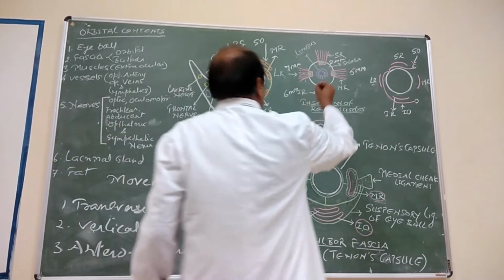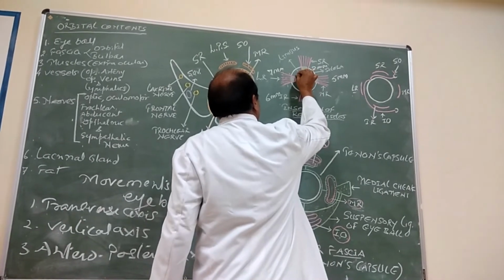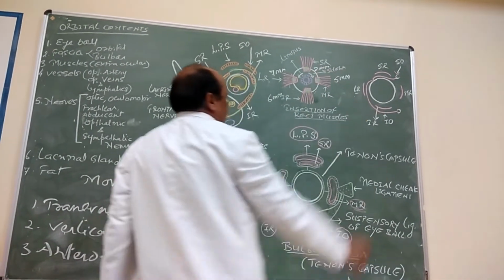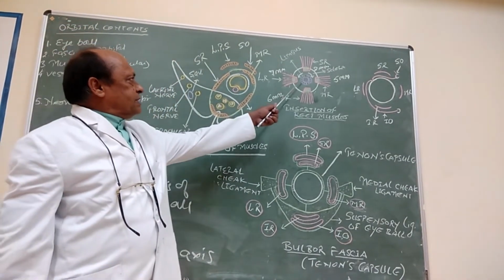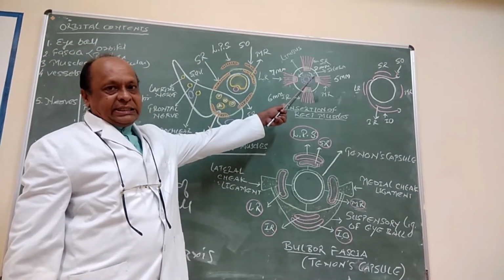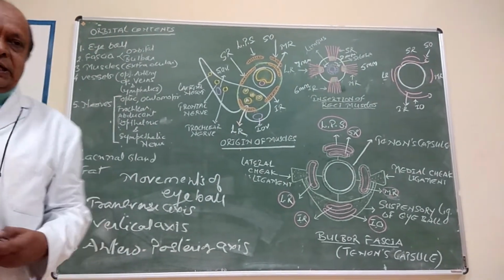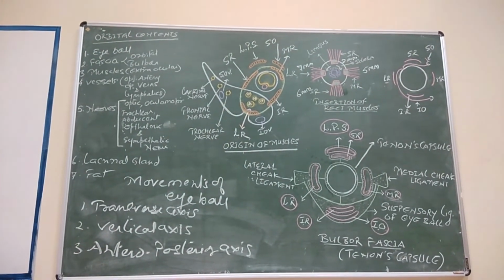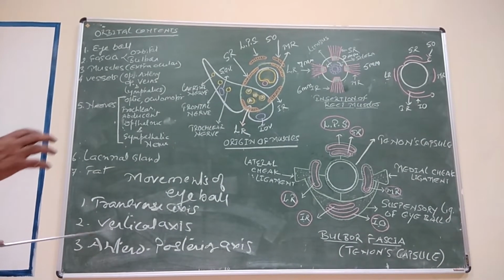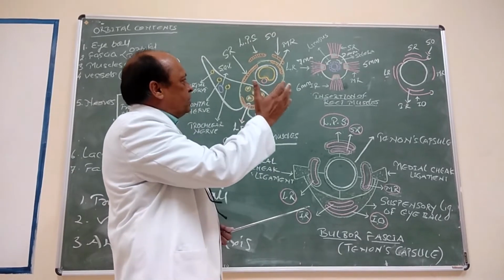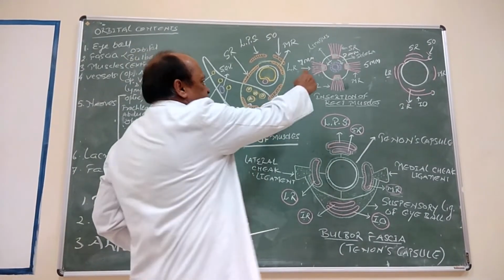If upper margin moves outwards or it moves inwards. If movement is inwards, then it is called in-turn movement, and outward is out-turn movement.